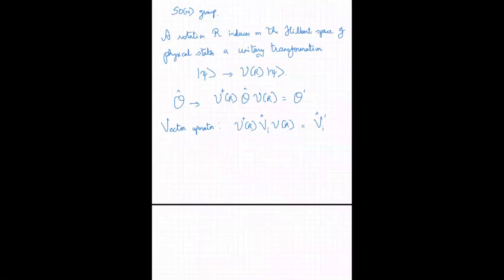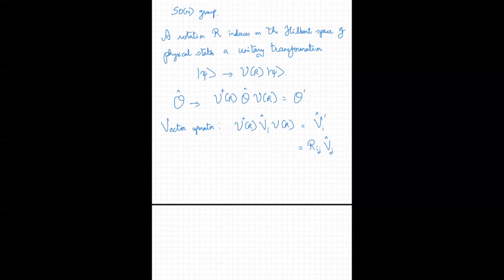Just like that in quantum mechanics, if we have what is called a vector operator, then the way this vector operator behaves under rotations is that its components get mixed up under rotations exactly the same way as any vector in a normal space, 3 space directions, would transform. So this Vi prime, I claim, should be just R_ij Vj. If this operator agrees with this equation, then I call this particular operator a vector operator.